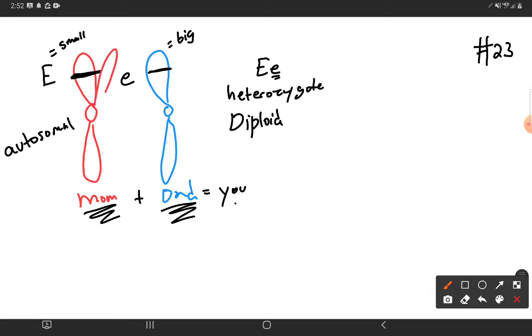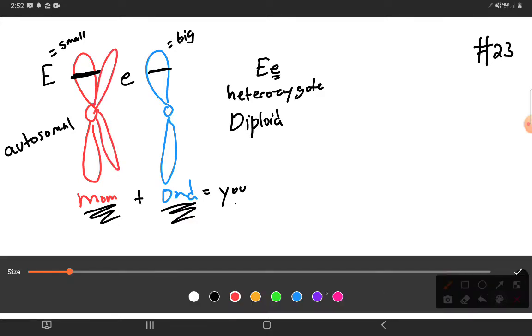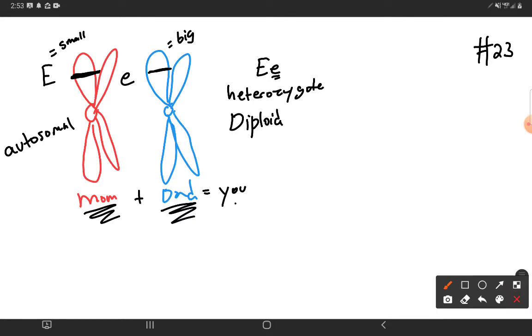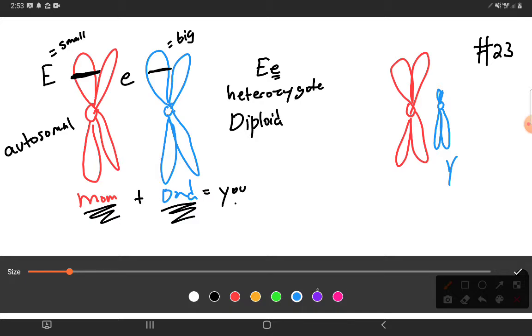And so actually, I'm going to duplicate these so it's more obvious what I'm talking about. On mom's chromosomes, we have the X chromosome. And then on the father's chromosome, we have the Y chromosome. And so the Y chromosome is different than the X chromosome.